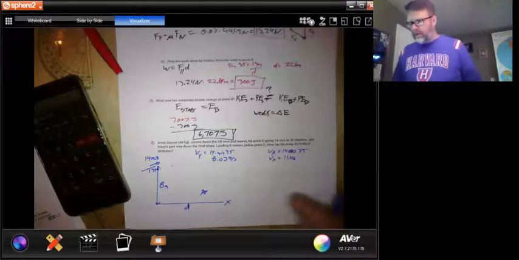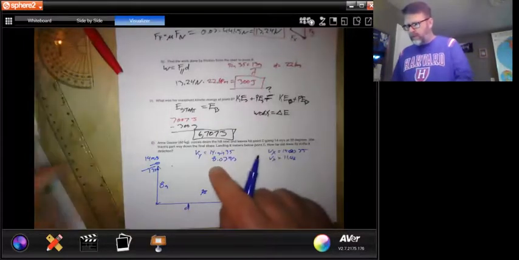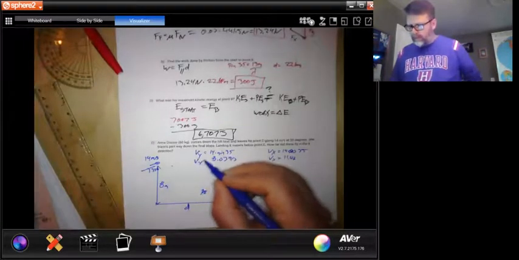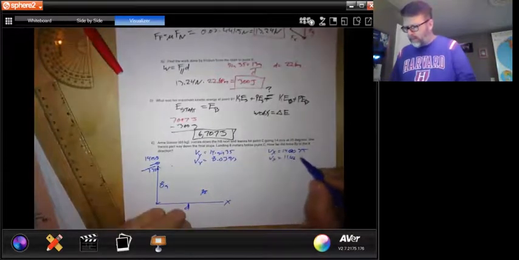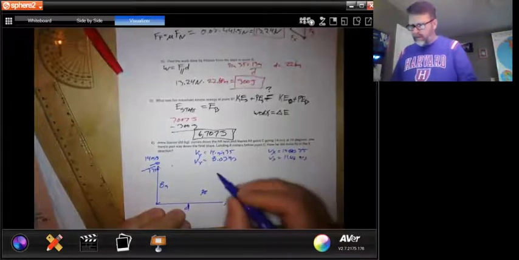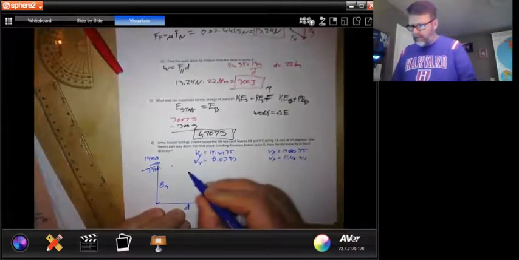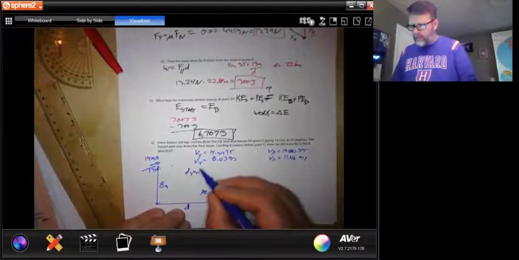Okay, so when I plugged in those numbers, my velocity in the y was 8.03, and my velocity in the x is 11.46 meters per second.